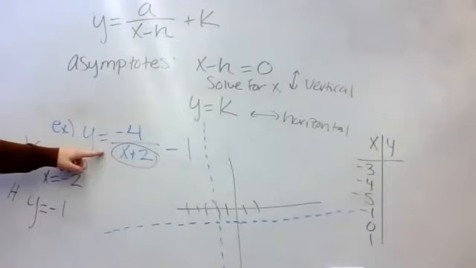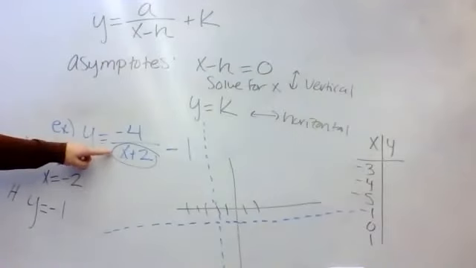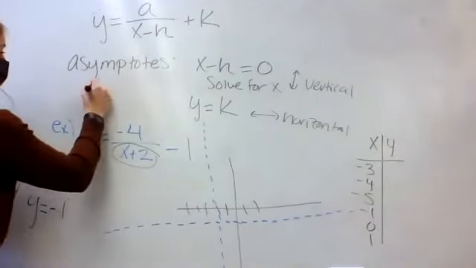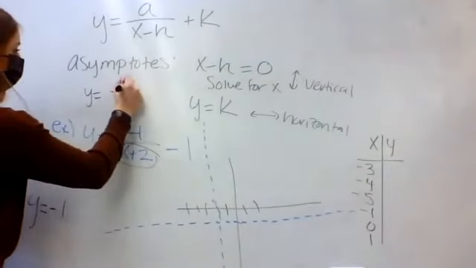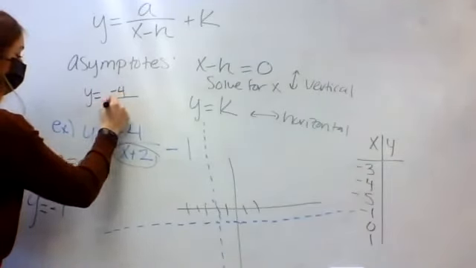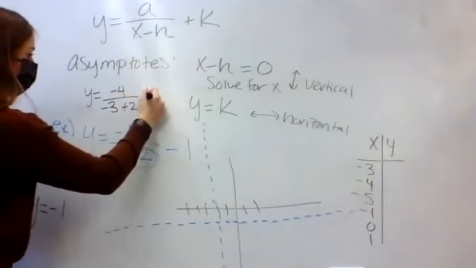In here. What kind of a value is that -3? Yeah, it's an X value. So what variable do you think I'm going to put it in for here? X, yeah. So for that first one, it would be y equals -4 over -3 plus 2 minus 1.